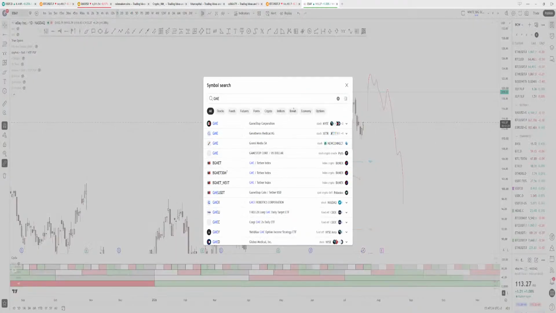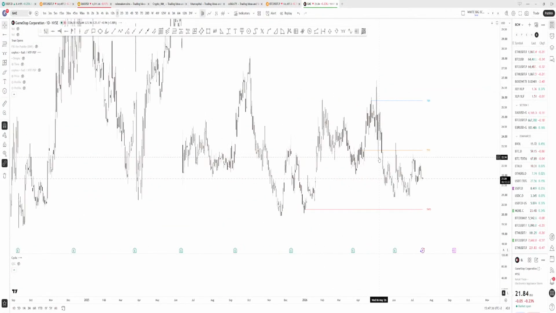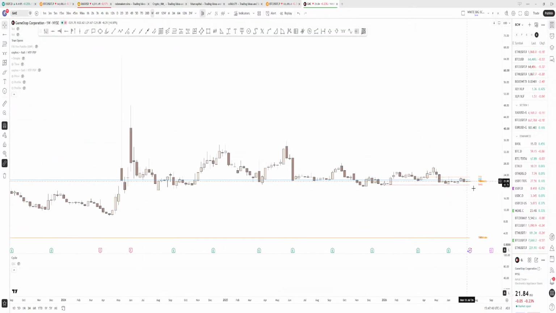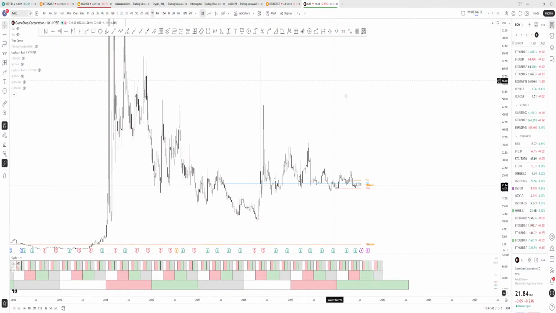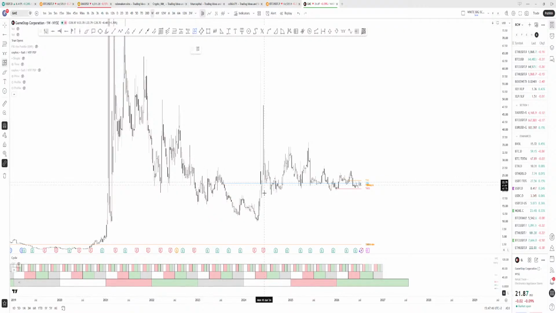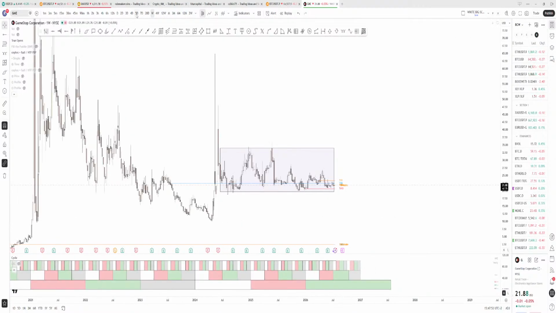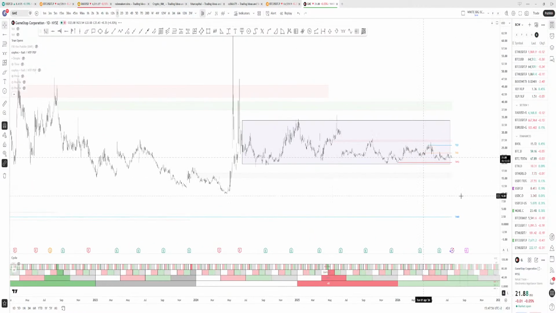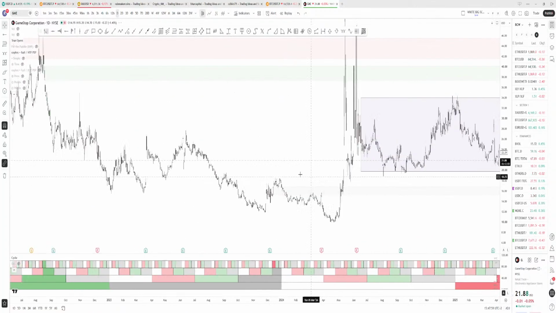We go to GameStop. There's for sure some move coming soon because look at this range. Go to a lower time frame. If there's any zone here, yeah, there's a white one.